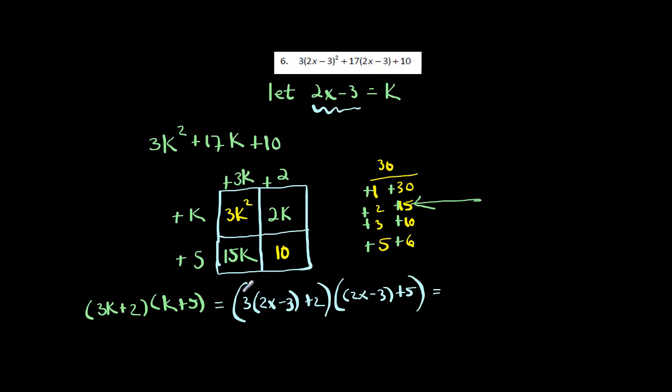It's important. So 3 times 2x is 6x. 3 times negative 3 is negative 9. Plus 2 is negative 7. Over here we have 2x minus 3 plus 5, which is plus 2. So this here is your answer.